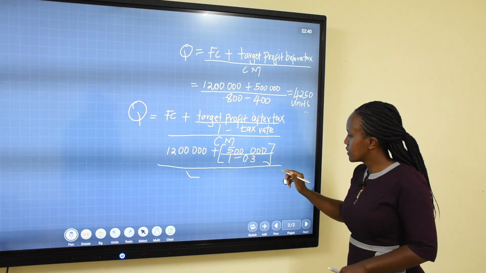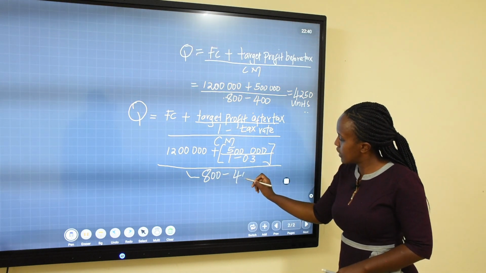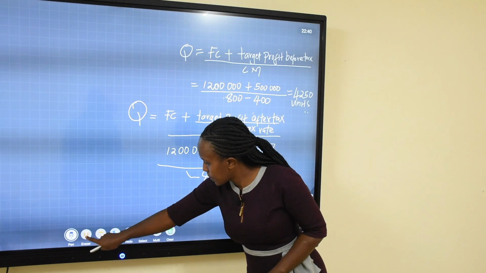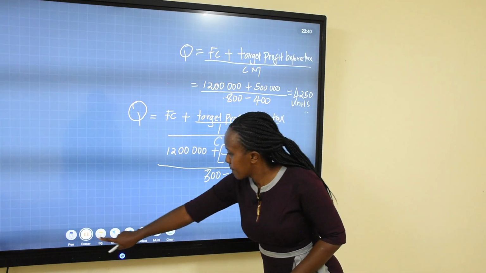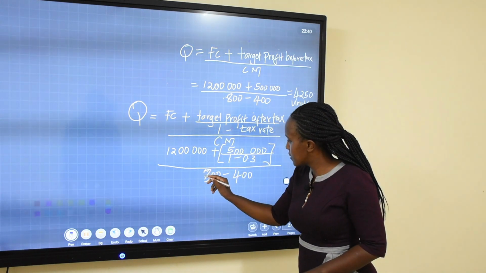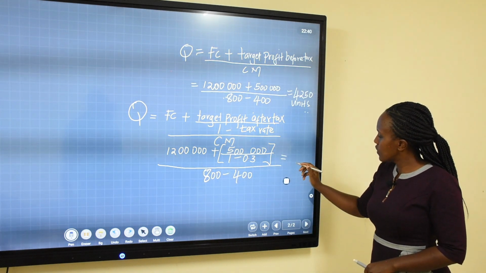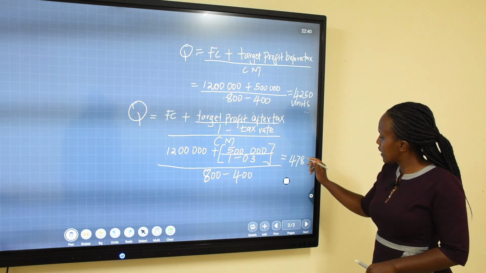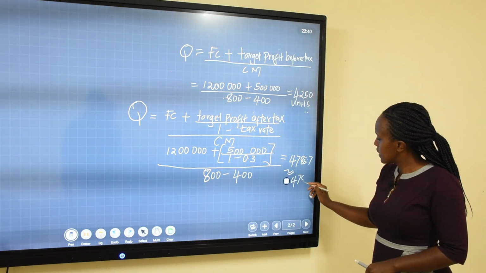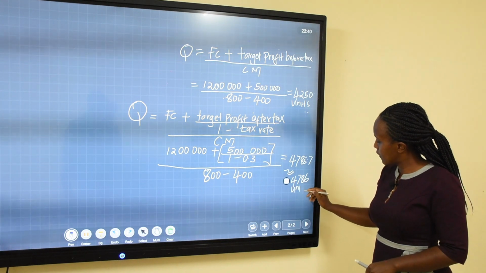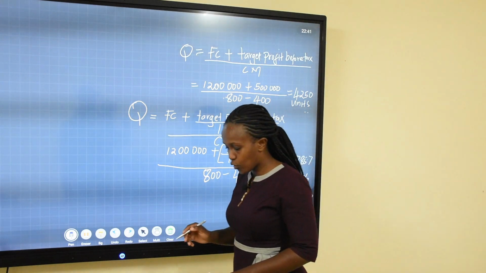Then all of it over contribution margin, which we have said is 800 minus 400, so 800 minus 400 is 400. So again, this is going to give us 4785 point something, 0.7, which approximately is 4786 units. And we have answered up to number 3 of our question.